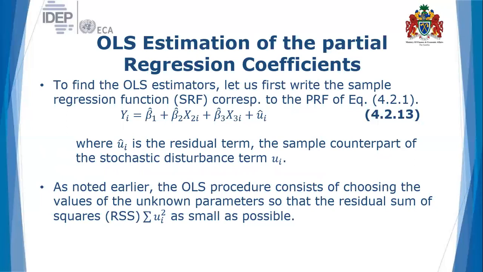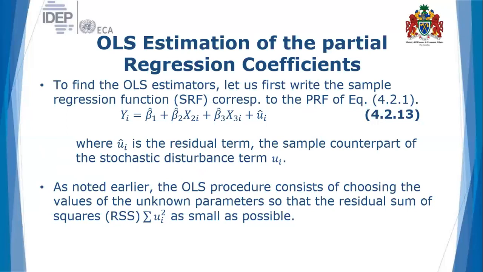OLS estimation of the partial regression function. To find the OLS estimators, let us first write the sample regression function corresponding to the population regression function, equation 4.2.1 we saw earlier.